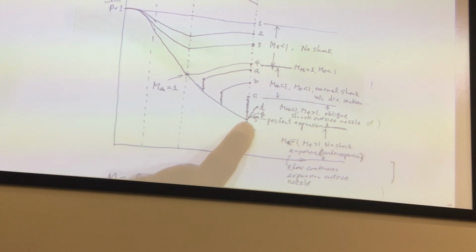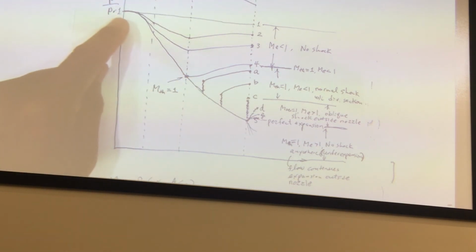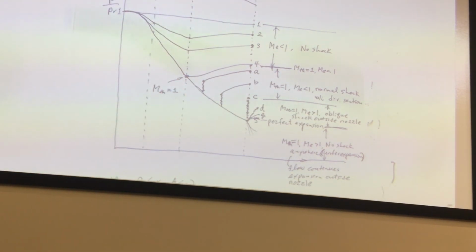Now, if your back pressure is at 0.5, for example, you have acceleration all the way through, reaching sonic at the throat, and then continuing to accelerate, isentropic throughout. Now, if what you have is between 4 and C, that means you will have a normal shock within the nozzle, including right at the nozzle exit. If you have a condition between C and 5, you will have oblique shock waves outside the nozzle.